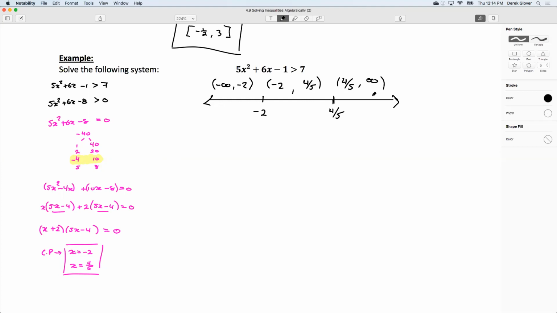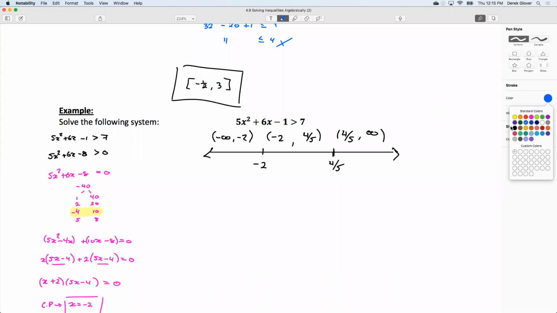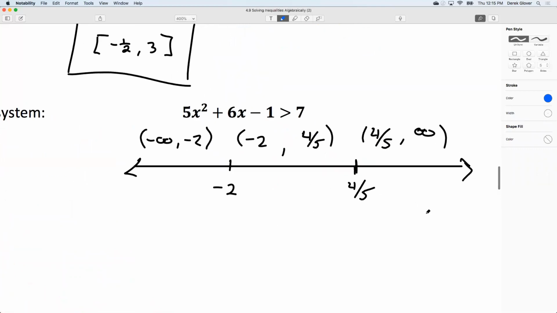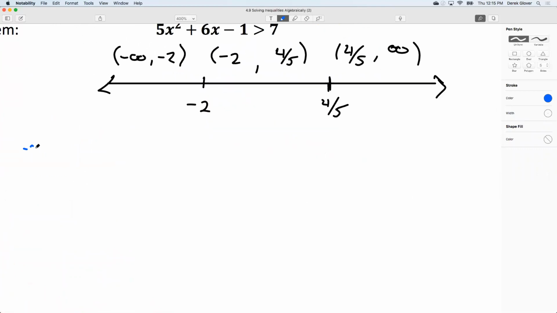All right, let's test the first one out. Let's use a different color here. Blue? We'll stick with blue. All right, so we're going to test from minus infinity up to minus 2.